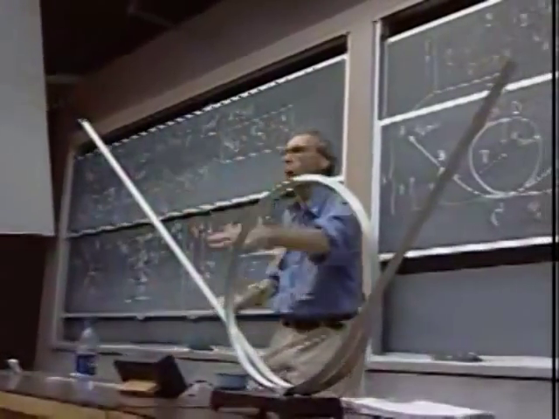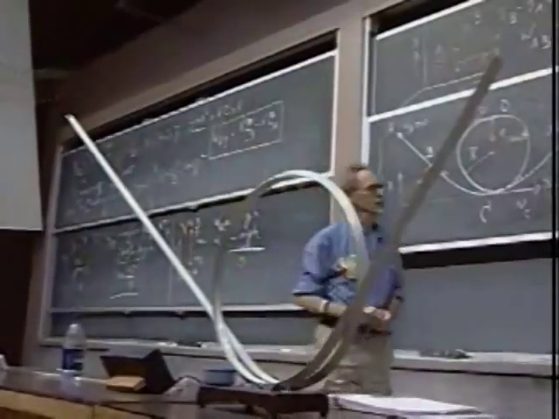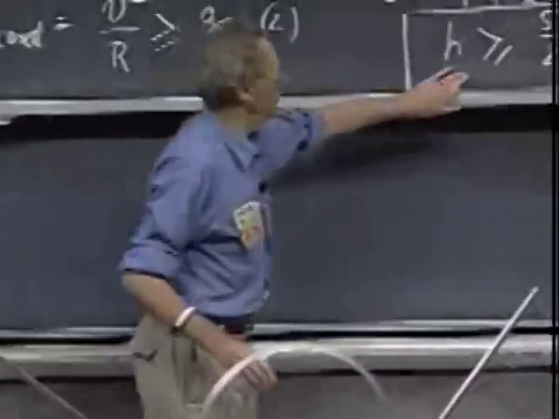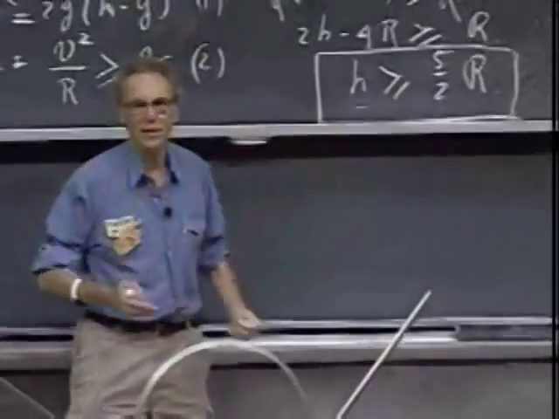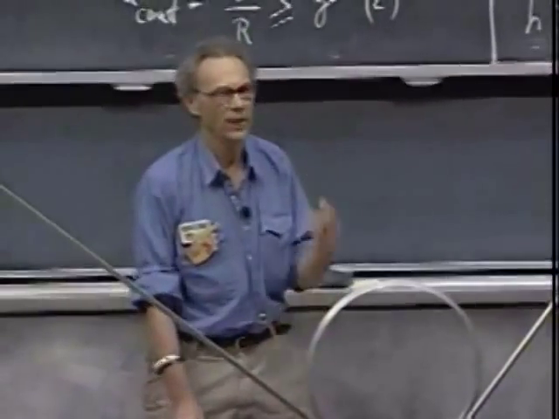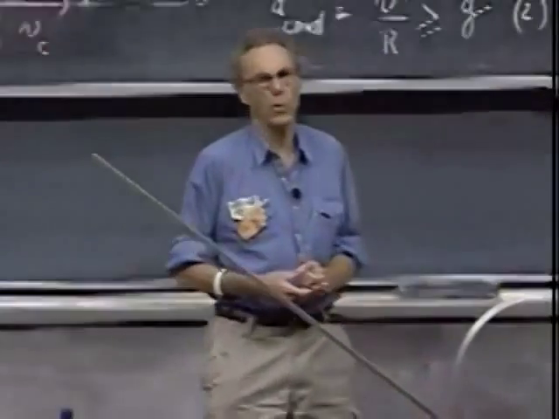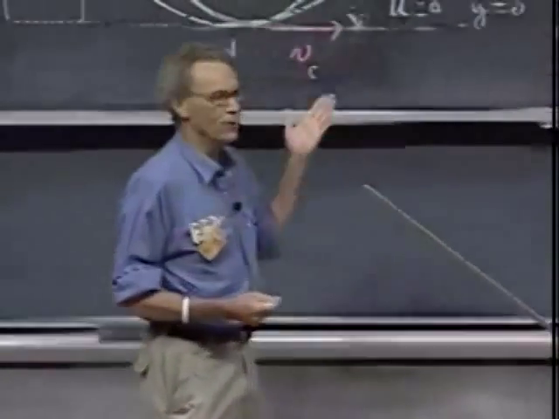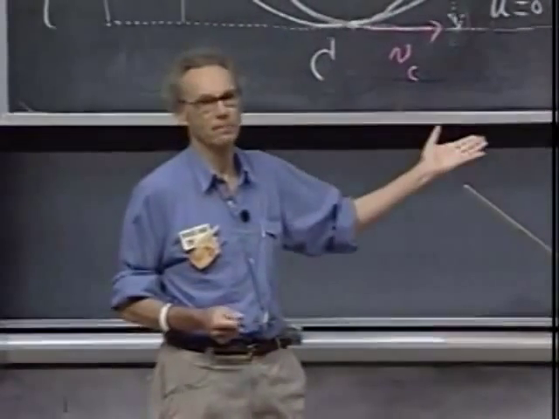If I do it any lower, it will not make it. So think about this. That is something that you could not have just easily predicted. It's a very strong result, but it is not something that you say intuitively, oh yes, of course. It follows immediately from the conservation of mechanical energy.